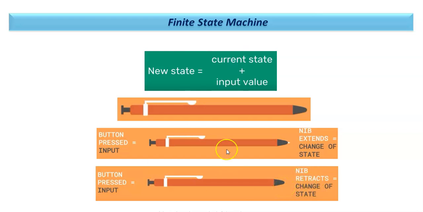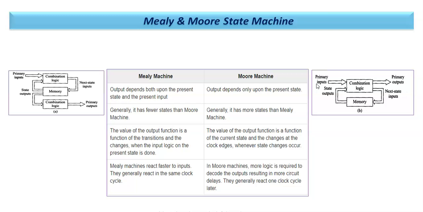So this will be the example of this particular machine, a finite state machine, and that too Mealy. In Mealy, output and the next state depend upon the current state. So in the current state the nib is not there, and that's why whenever you push, it comes out. Depending upon this as well as the input, the next state is decided. So this is what a Mealy kind of machine is.